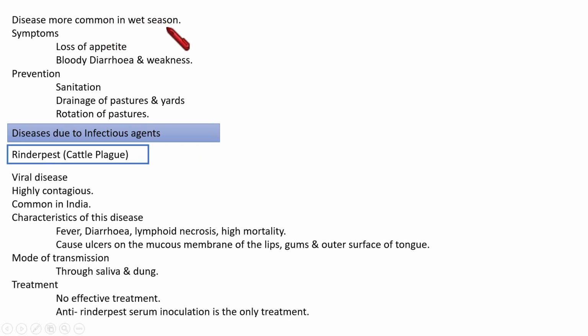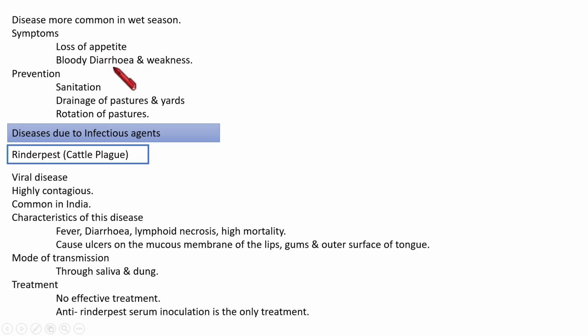So the wet season is always the culprit. Symptoms. What are the symptoms? Loss of appetite. That's a common thing, even in the case of humans: if we are affected by some disease, we surely lose our interest to feed, or we lose our appetite. That symptom we can add along with all types of diseases, right? It's very easy to remember.